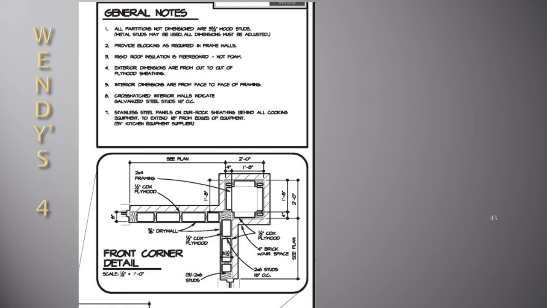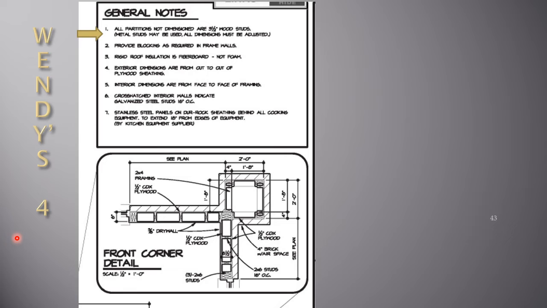Let's take a look at note number 1. It tells us that all partitions that are not dimensioned will be 3.5 inch wood studs. It does go on to say metal studs may be used, but all dimensions must be adjusted. Remember, earlier we talked that wood framing tends to be less expensive, but metal studs are often substituted for greater fire resistance.